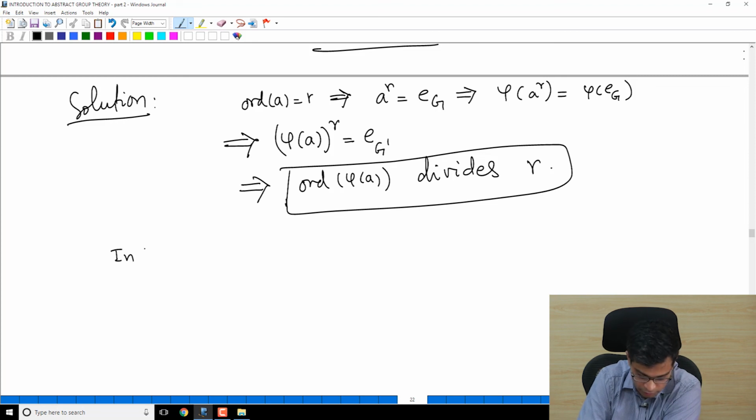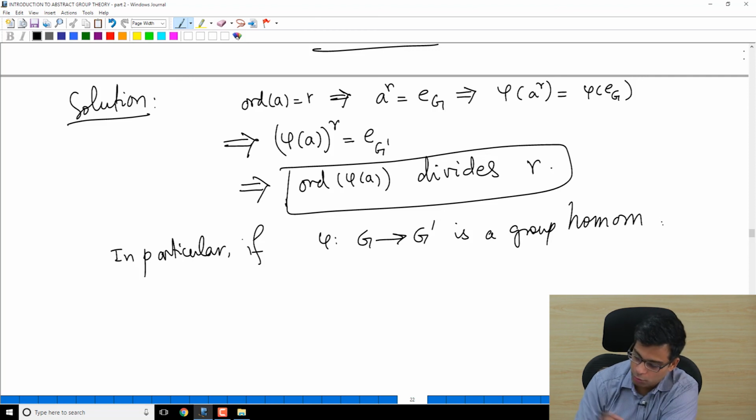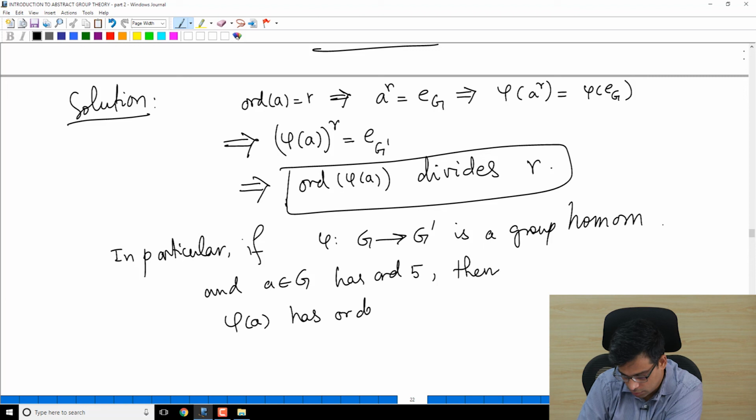So in particular, if phi is a group homomorphism, and A is an element of G of order 5, then phi of A has order 1 or 5.